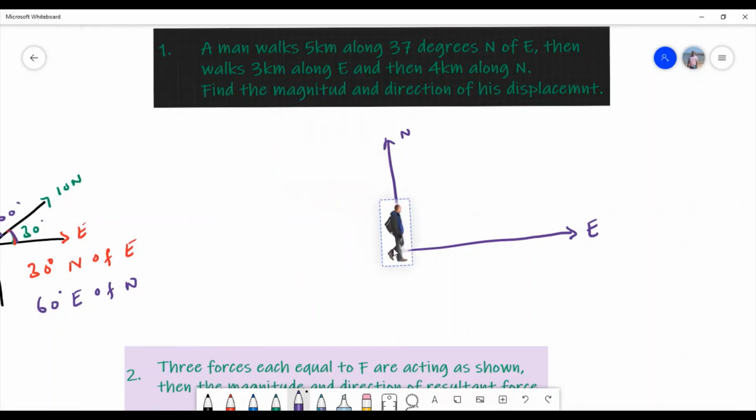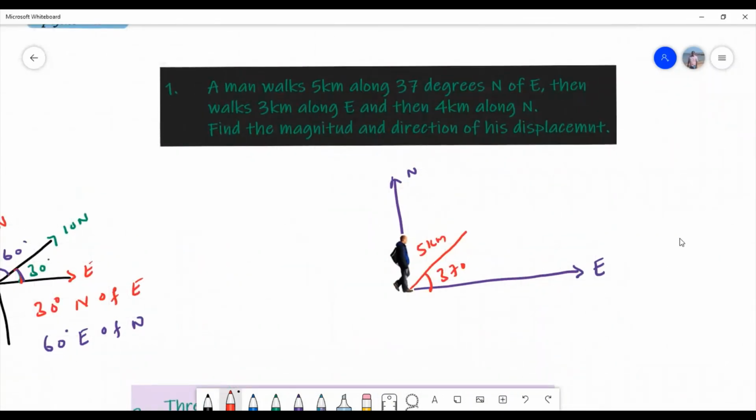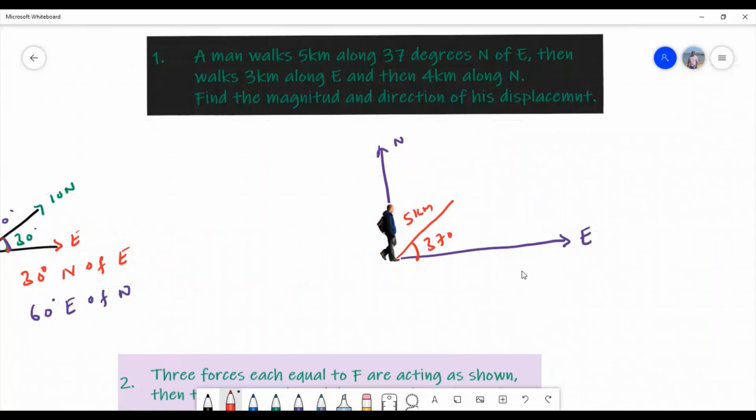This man starts walking from here. How many kilometers did he walk? 5 kilometers. So he walked like this in the beginning, and the magnitude is 5 kilometers at 37 degrees. That's what I said, east of north. No, north of east. So with east, it is making 37.